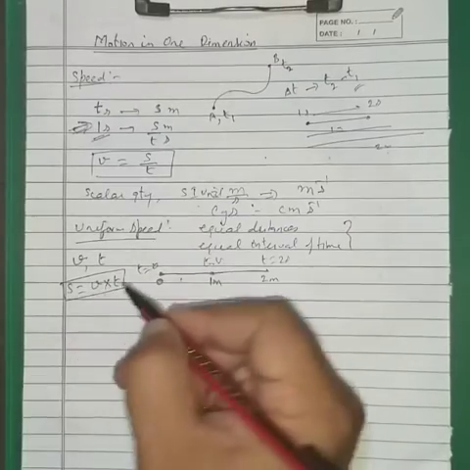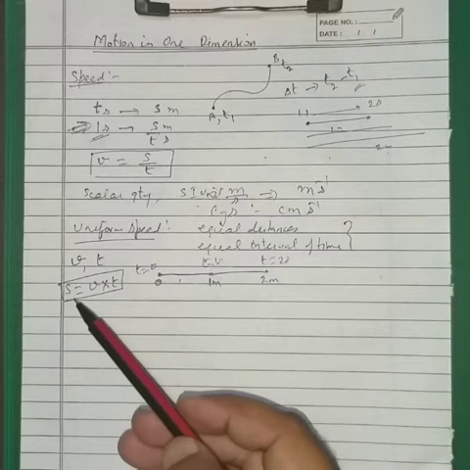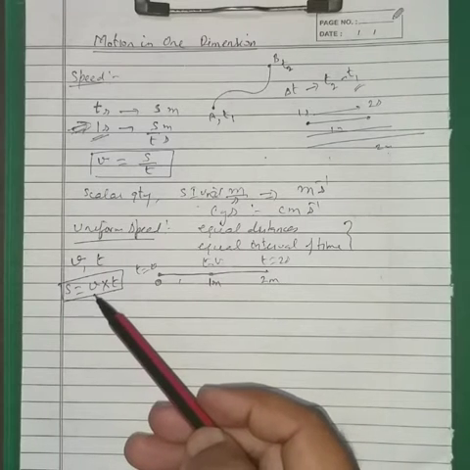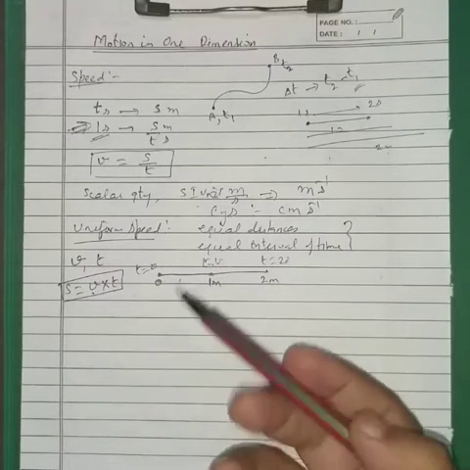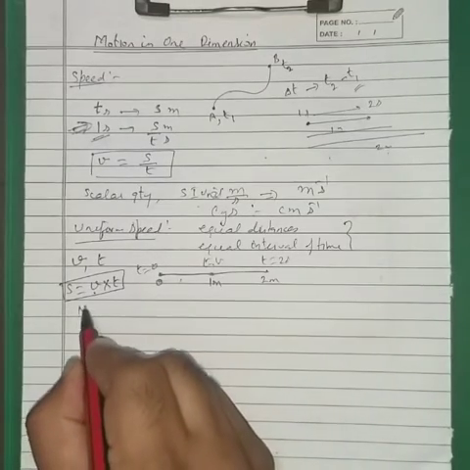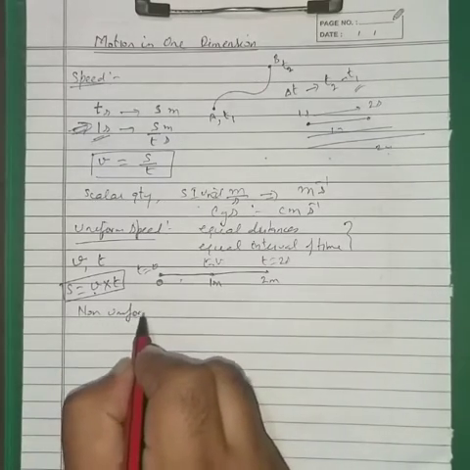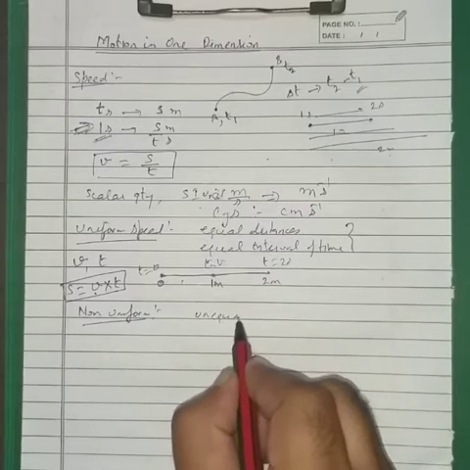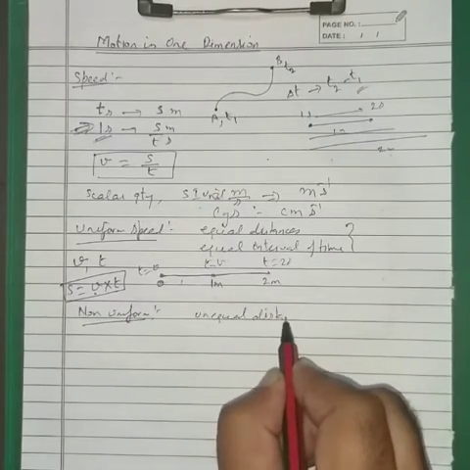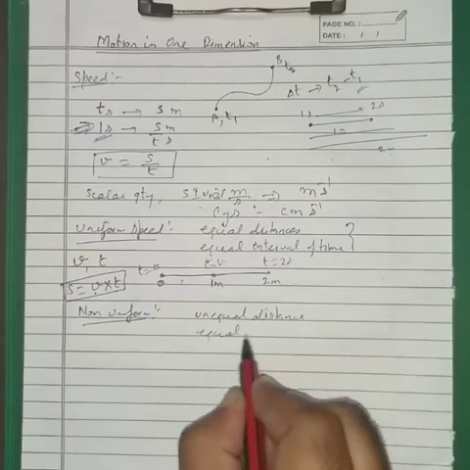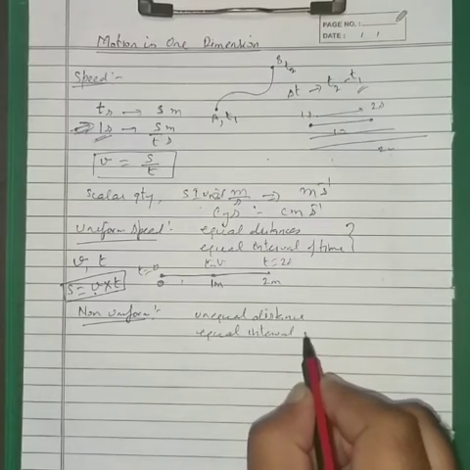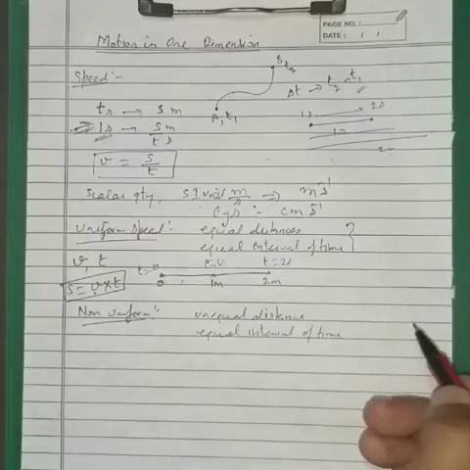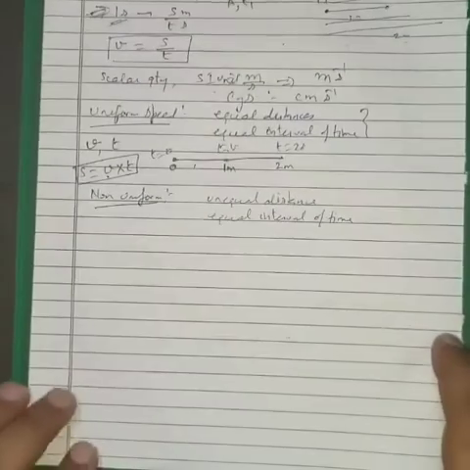This way we will get the total distance traveled by a body moving with speed v in time interval t. Now for non-uniform speed, if some body covers unequal distances in equal intervals of time, then we will say that the body is moving with non-uniform speed.